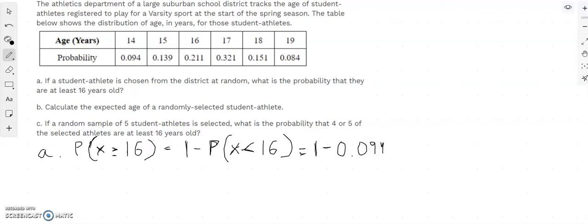0.094 plus 0.139. You would want to go ahead and type this into your calculator: 1 minus (0.094 plus 0.139).